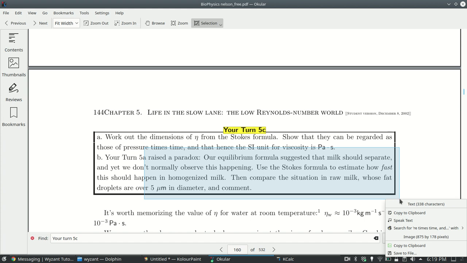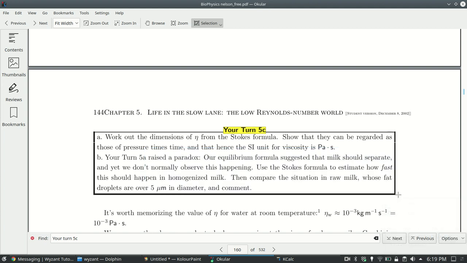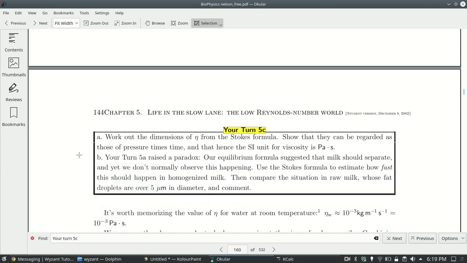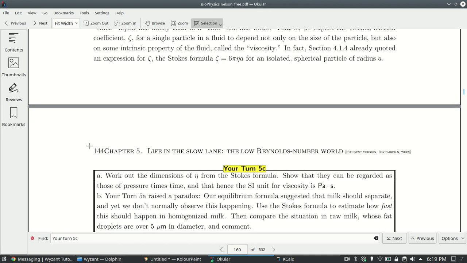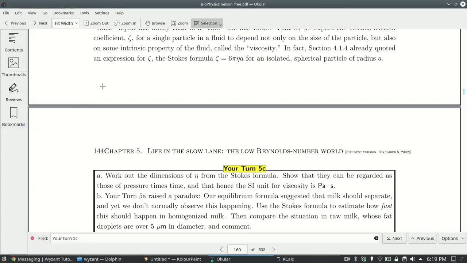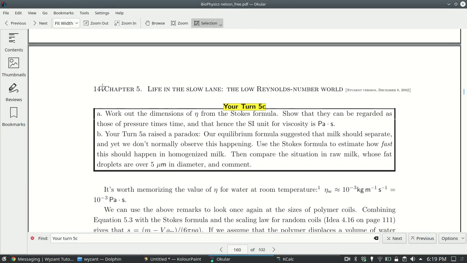So now, why would that be? That's because that is what happens, but it happens very, very slowly. So using the Stokes formula, we can estimate how fast this happens in homogenized milk. And then we can compare that to raw milk. We're going to use the Stokes formula, and we're going to get a zeta, and the zeta is going to be in kilograms per second, and we should get a very, very small number.